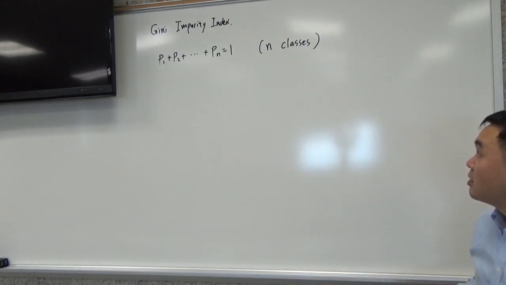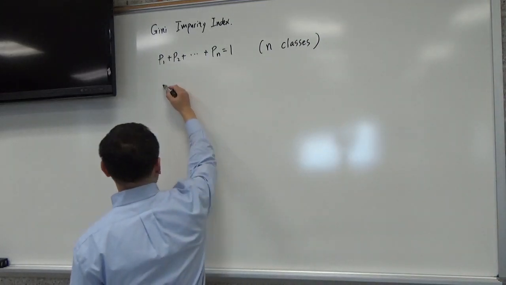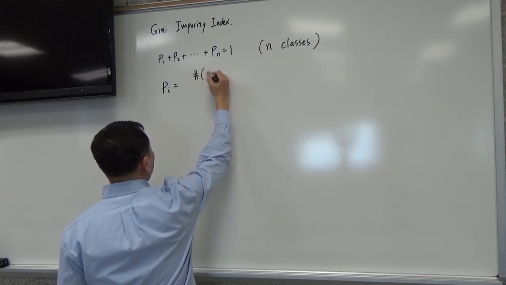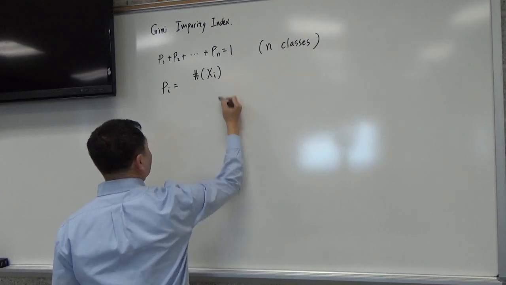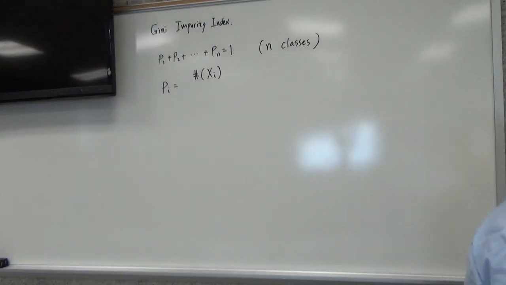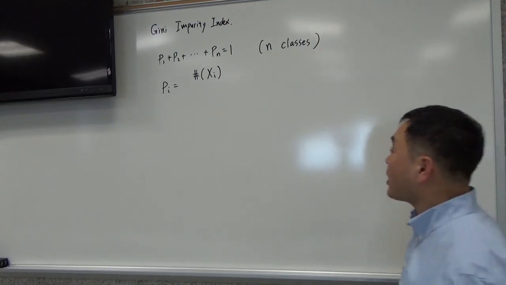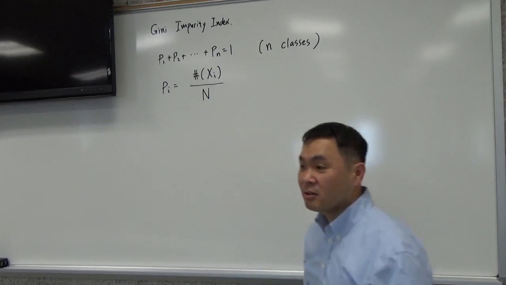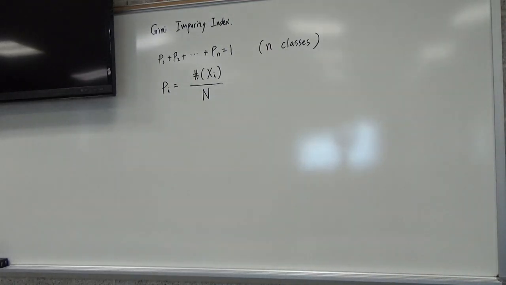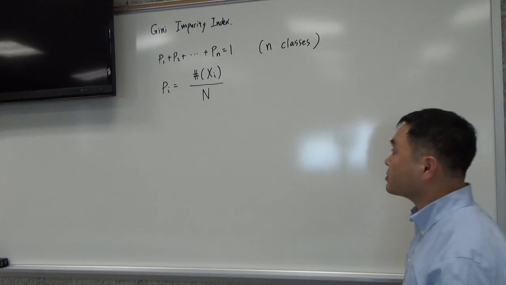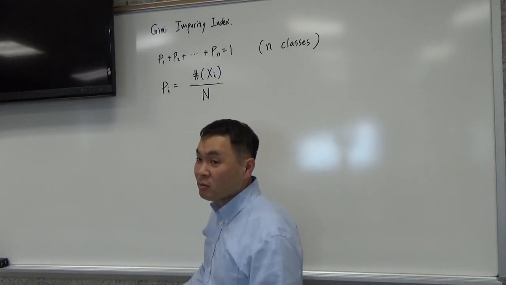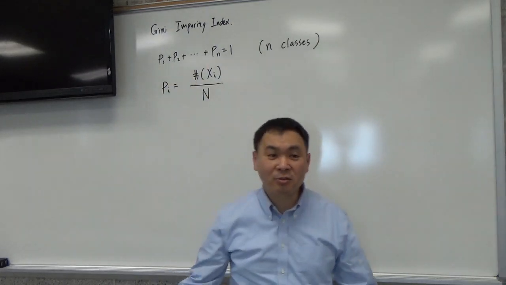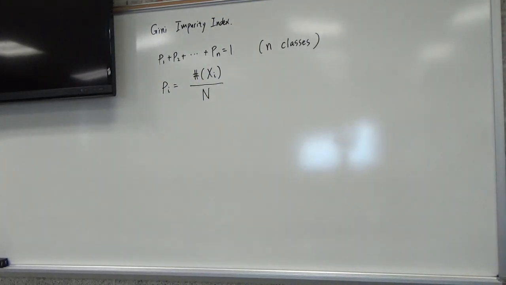So Pi would be, if I say xi is the ith class, the size of xi divided by capital N, where capital N is the entire data set. Okay? And of course, if you add them up, it will be equal to 1. That's true for any probability.